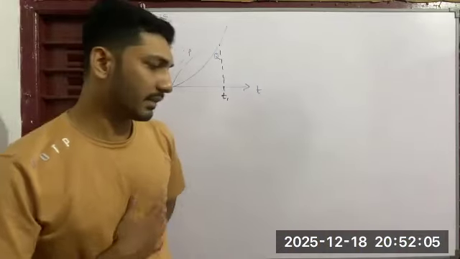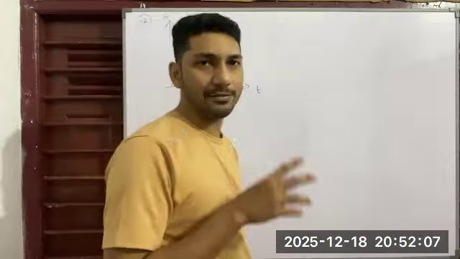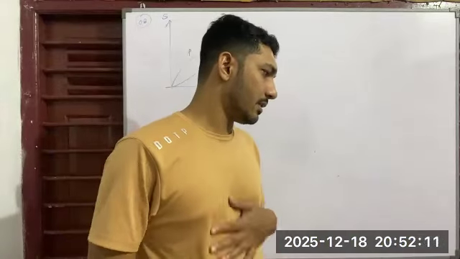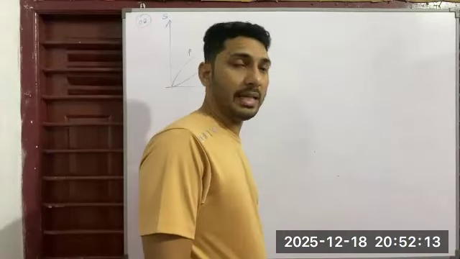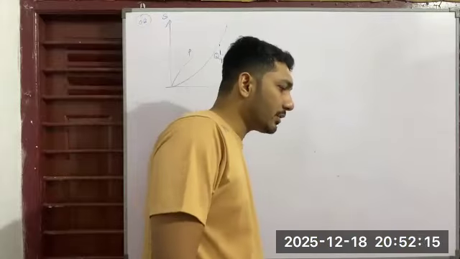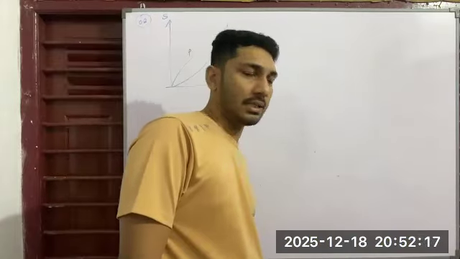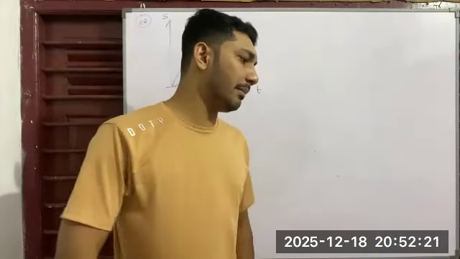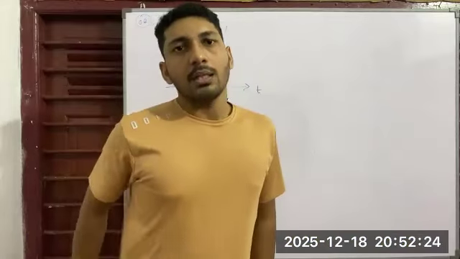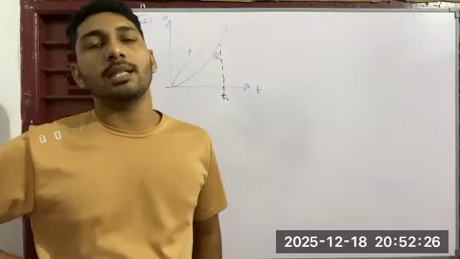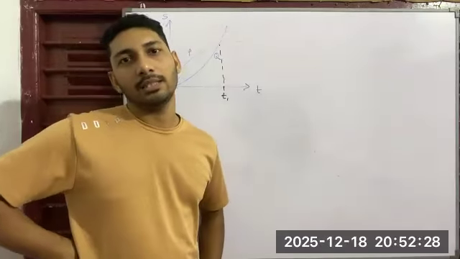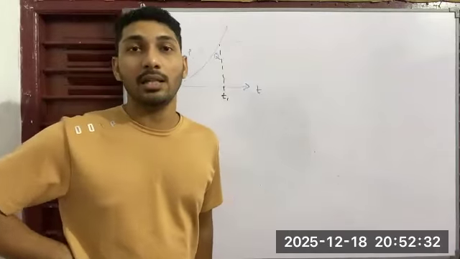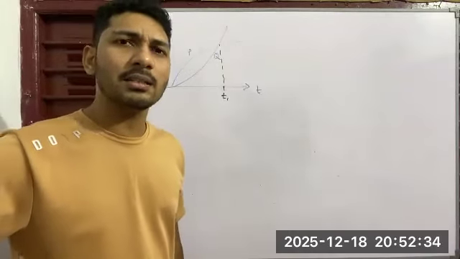Ninth one. A force F is applied on an object moving freely. At a particular moment, the velocity of the object is v and the acceleration is a. Which quantities should be in the same direction? Is there any rule that velocity and acceleration should be in the same direction?